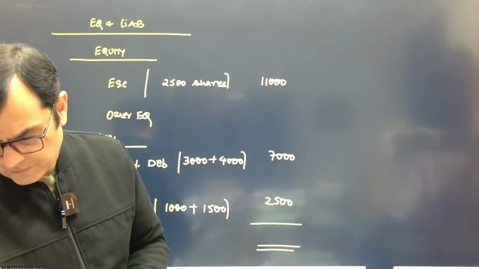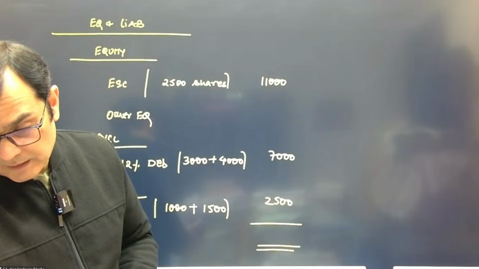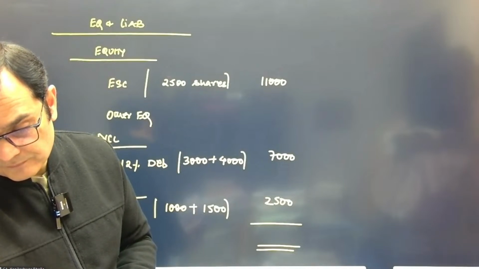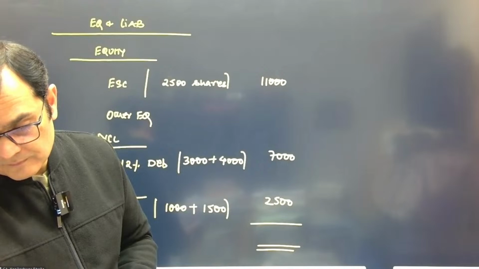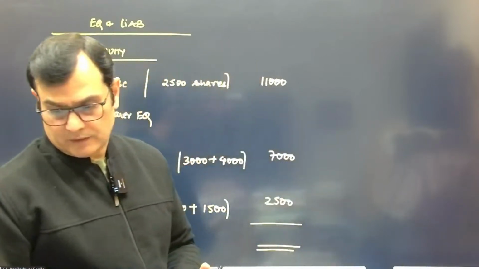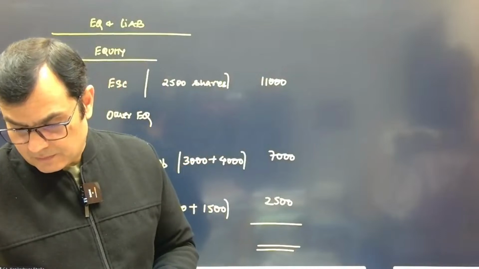Other equity of the accounting acquirer was how much in the balance sheet? Sir, 2,700. I think that should remain. 2,700 other equity should remain. So where did I miss out?